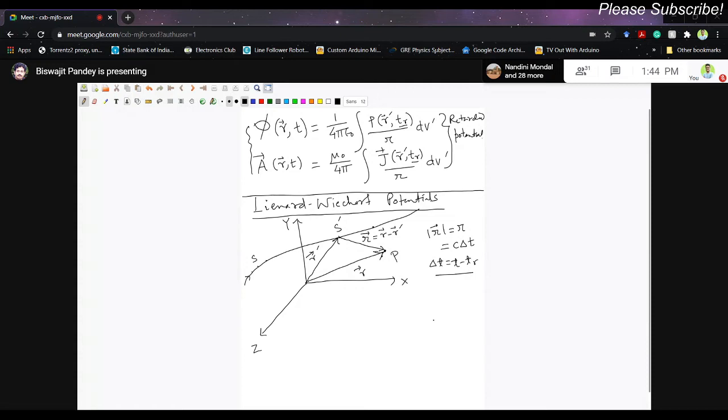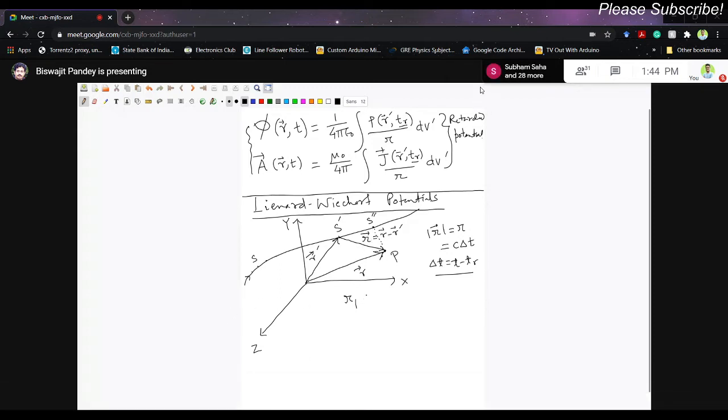Now if we assume that there are two source points which are simultaneously communicating with the point P, then for one, the separation from the field point is curly r1, and for the other, curly r2.